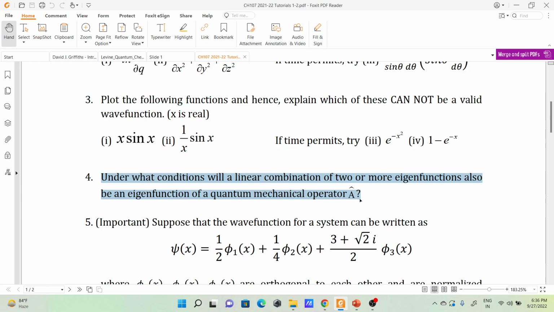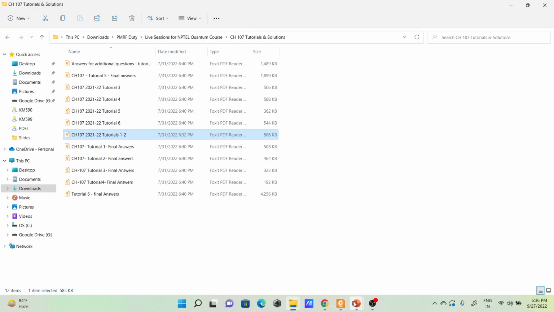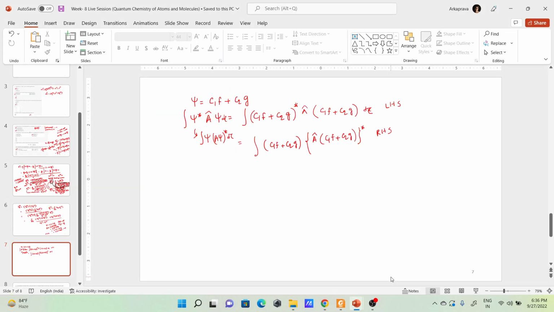This we have solved: when the eigenvalue is the same for all. Just a quick thing I wanted to discuss. I will expand this myself and write it in the discussion forum or in the next meeting itself. I will clear that one.